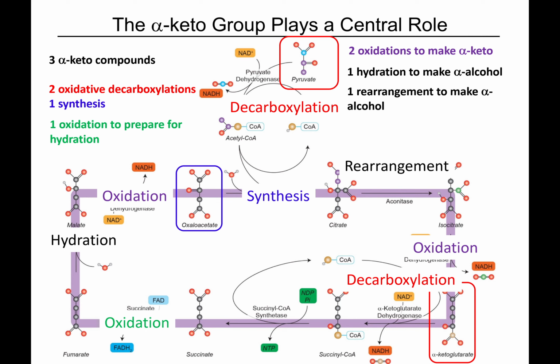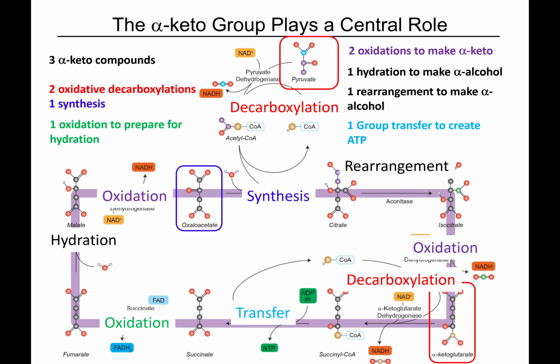The remaining steps are a transfer reaction. So our alpha ketoglutarate, we oxidatively decarboxylate, and we end up with succinyl-CoA, right? The energy of hydrolysis of that thioester bond is enough energy to produce an equivalent of ATP. And that's what we see in this very final step, right? So going from alpha ketoglutarate to succinate could happen in one step.